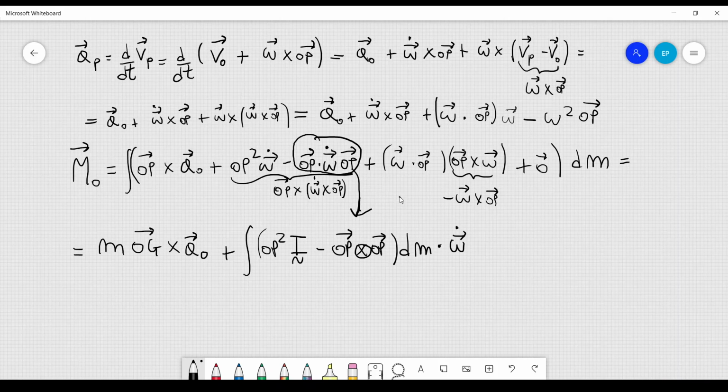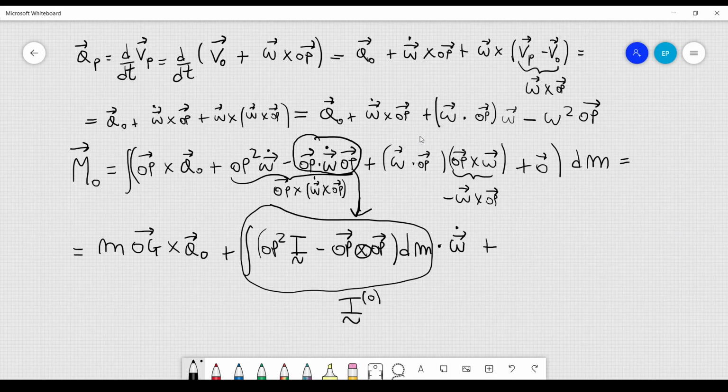We have already done something like this in previous lectures where I have written something similar in index notation, and then we realized that we can rewrite that by using a tensor product. So it's very similar, and I'm not going to do all the details here. But take a look at this. What is this? This is simply the inertia matrix calculated with respect to the point O. And then here I have plus, and I'm going to rewrite it like this.